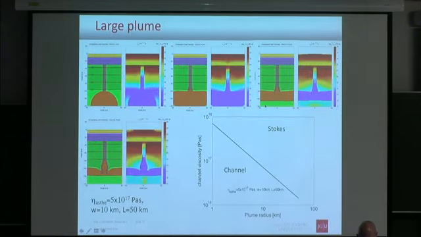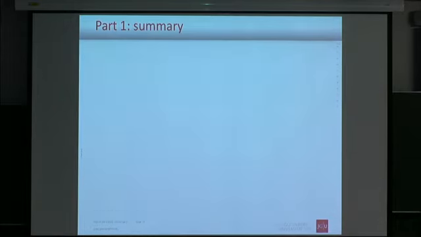We can also analyze the simulations I showed you a little bit earlier. The first one, I started off with a very large plume. So the plume had a radius of 40 kilometers, and this was in the Stokes mode regime. Then we started with a smaller plume, which is still in the Stokes mode regime. And then finally we got to the boundary and below.